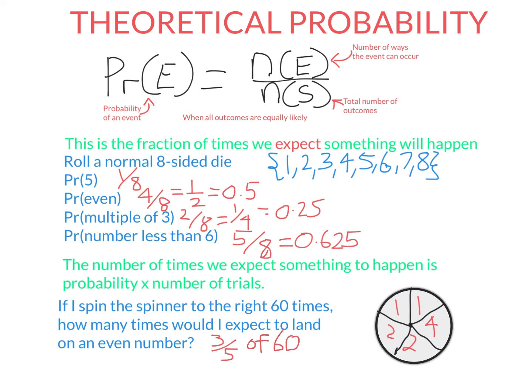But hopefully you remember from when we did fractions, of just means times. So this is just 3/5 times 60, and you can use your calculator for that, you get 36. So if I spin this spinner 60 times, I expect it'll land on an even number 36 times and an odd number 24 times.